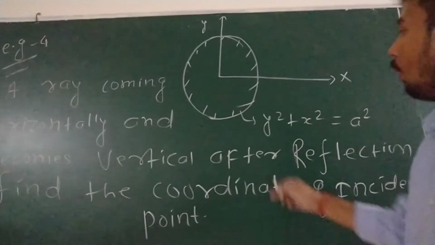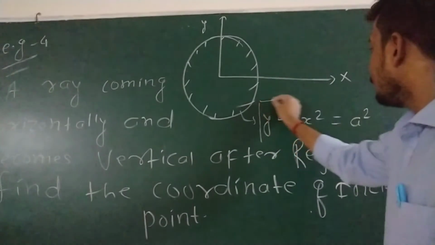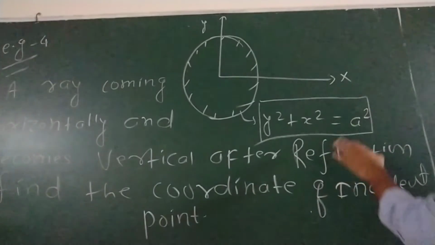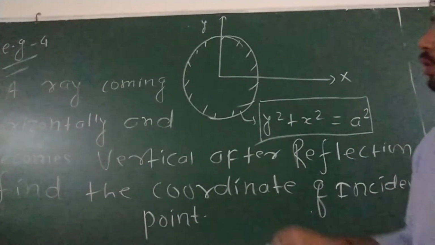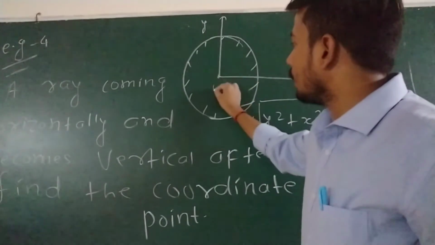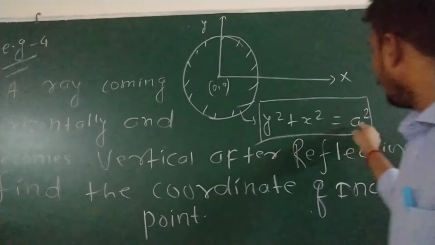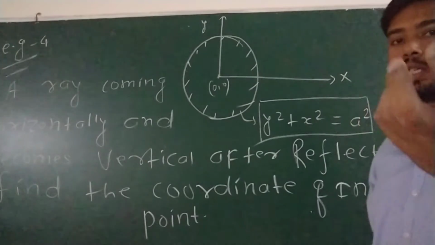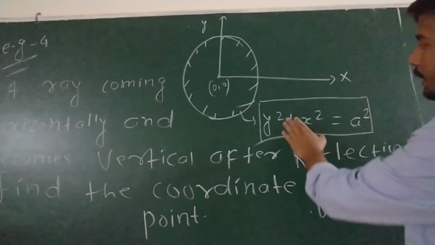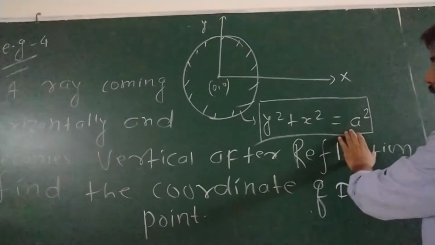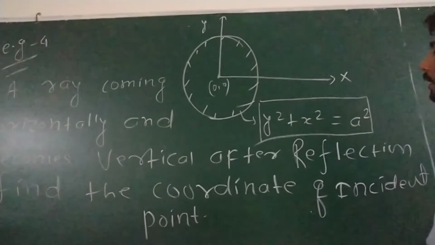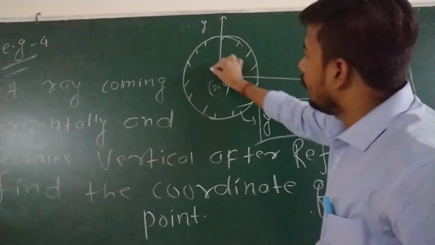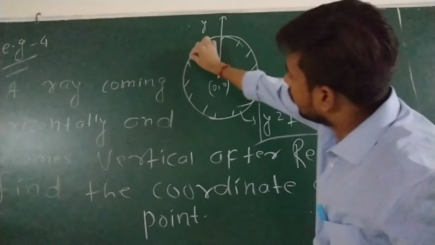If you look at this equation, it represents a circle having center at the origin, so I make this the center of circle, 0, 0. What is its radius? If you have a little idea about the equation of a circle, it is x square plus y square equal to r square when the center is at the origin. It means this is r square, so its radius becomes a. Any point from here, this becomes a.